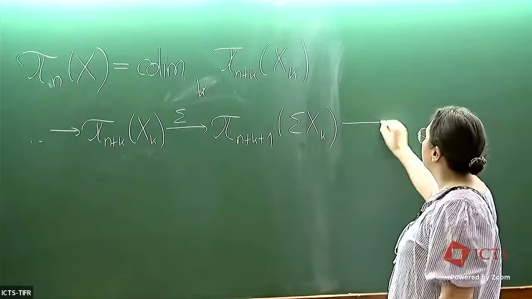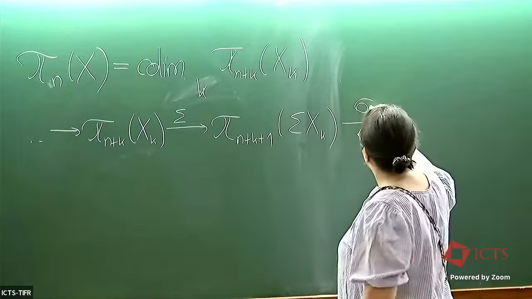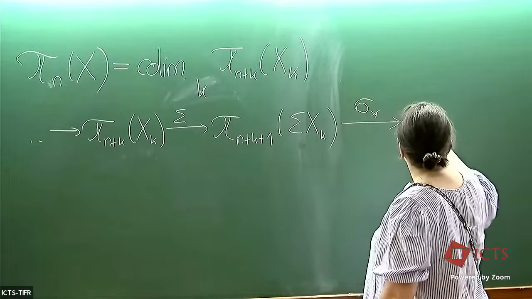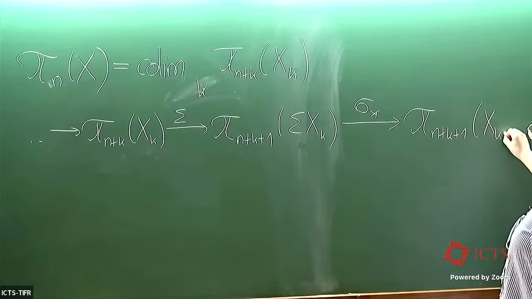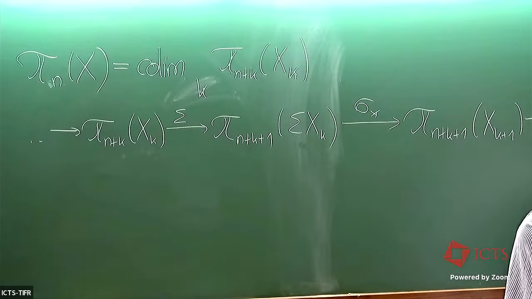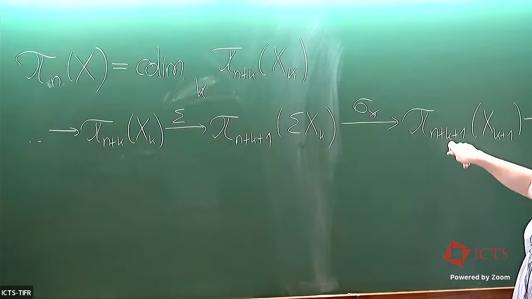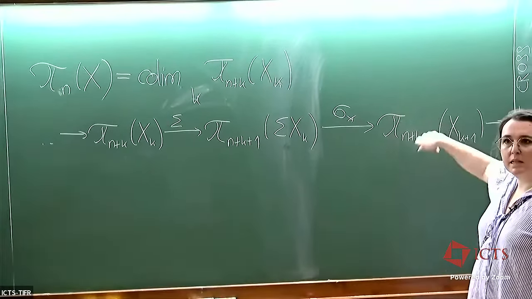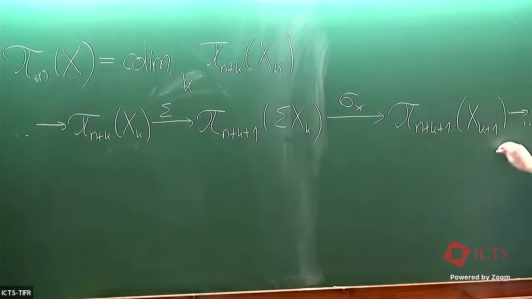And then you can apply the structure map and get to the next point in your spectrum and obtain a group with exactly the same difference between the index of the homotopy group and the index of the spectrum.